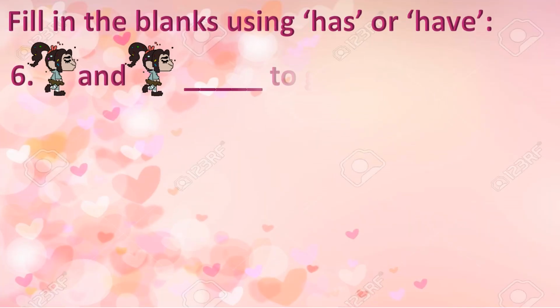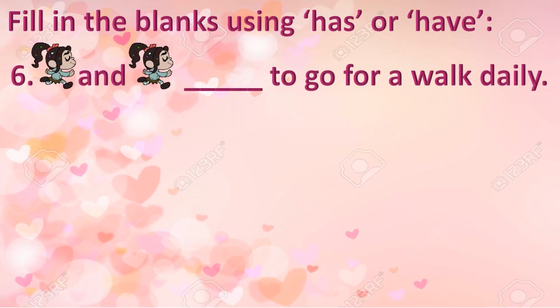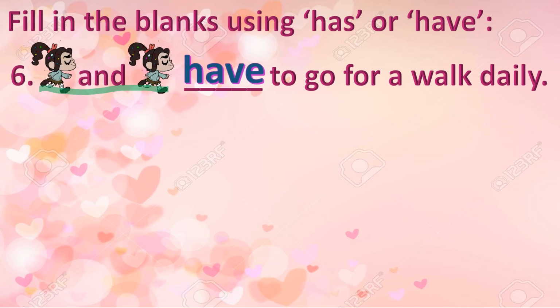Next example. Tina and Meena dash to go for a walk daily. Now Tina and Meena, two girls, plural subject. So with a plural subject, we use the helping verb have. And here they go for a walk daily. They are bound to go. Somebody has asked them to go.